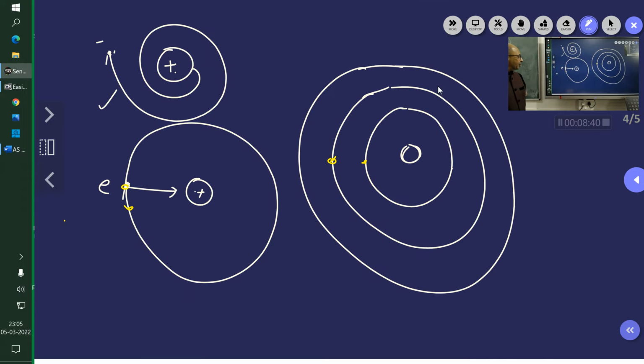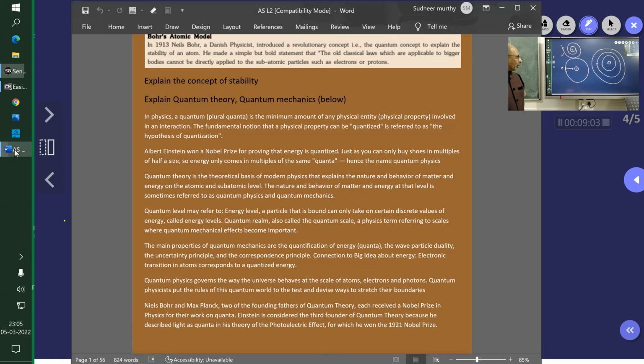As I pointed out, these lines that I have drawn here, I am calling them orbits, but frankly speaking, the electron in this orbit has a certain total energy, and the electron in the next has a different total energy. They are all quantized energy levels.